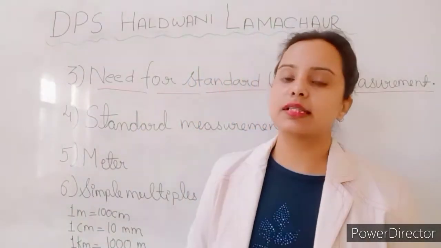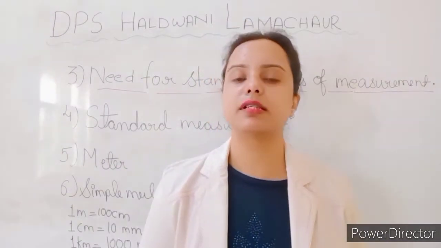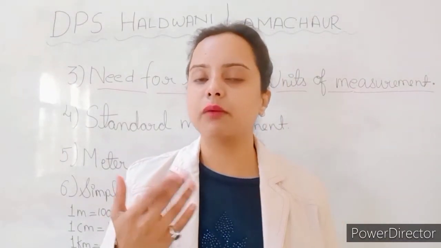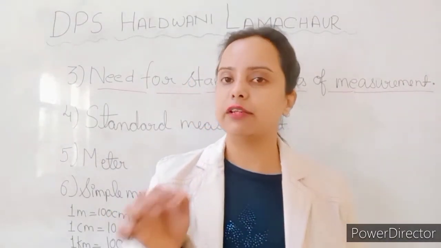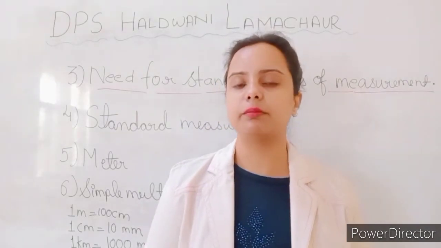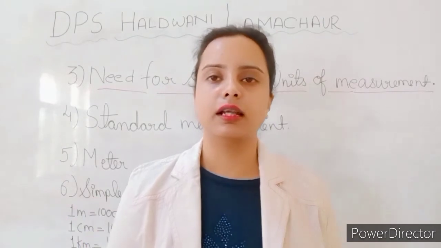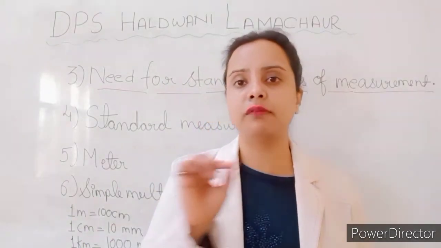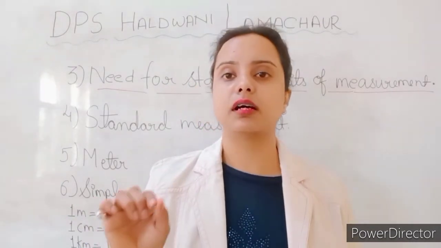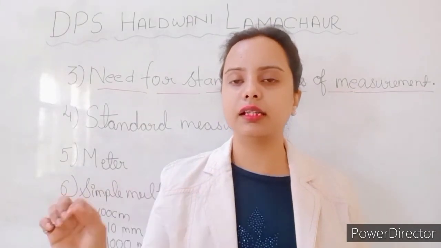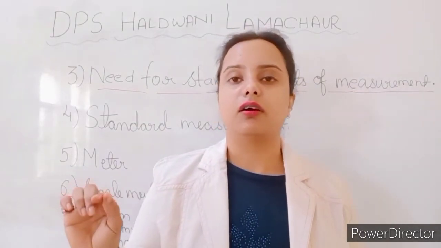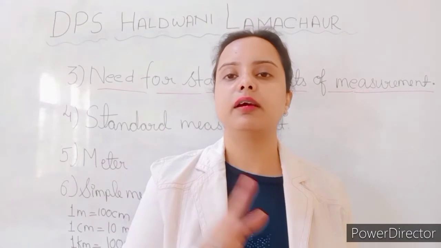This is because if we measure the length of any object by the conventional method of measurement, then it varies from person to person, and it gives a different reading of the length of one object.